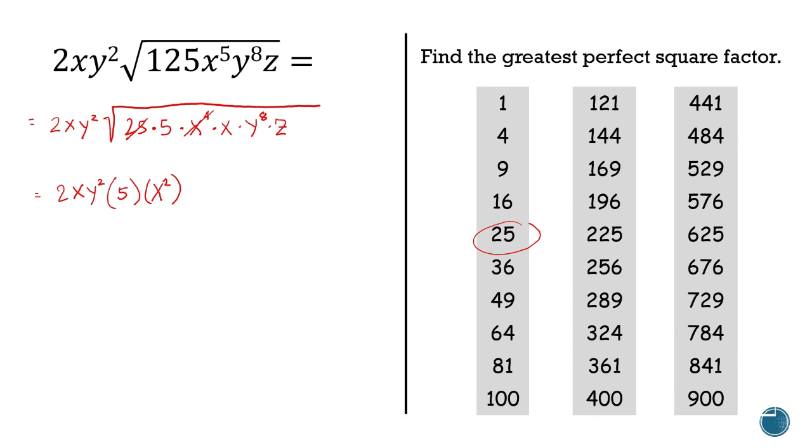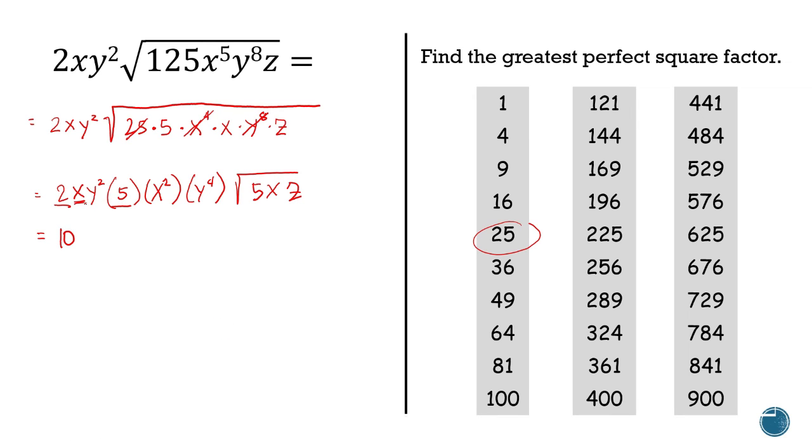Y raised to 8, you divide 8 by 2, so that's 4. So y raised to 4. And then inside the radical sign will be 5xz. There you go. And then we multiply 2 and 5, that gives us 10.